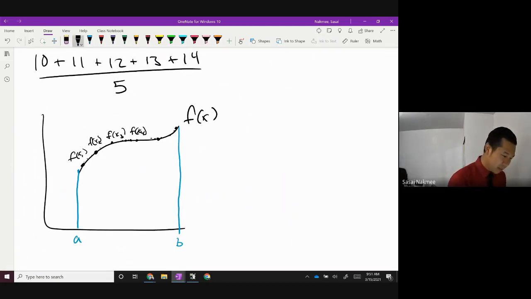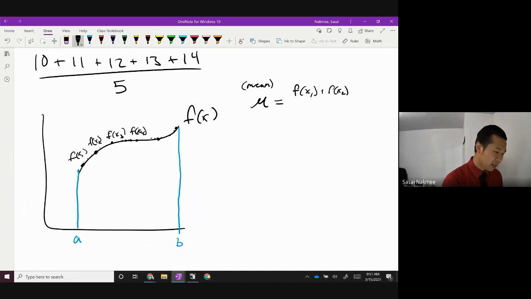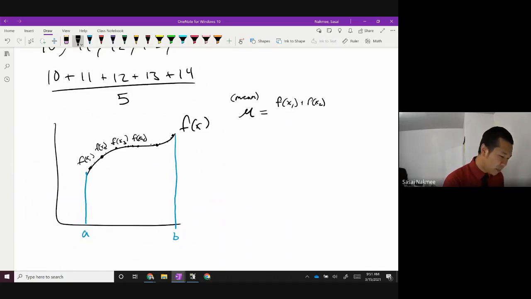Right? The idea is I'm supposed to take, so this average, by the way, I'm using mu. You guys okay with the symbol mu? Right? Mu is, if you're taking statistics, the symbol for the mean, or the average. So I'm calculating this mean. What I'm basically doing here is I'm going through here and I'm just adding up all the function values, right? For f of x sub 1 plus f of x sub 2, right? And I'm doing this for infinitely many of these guys.